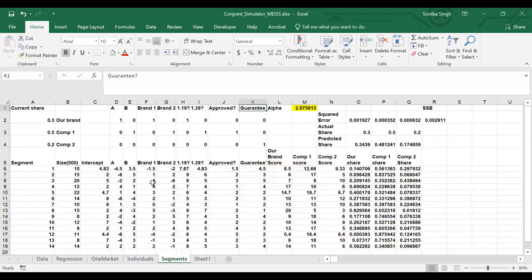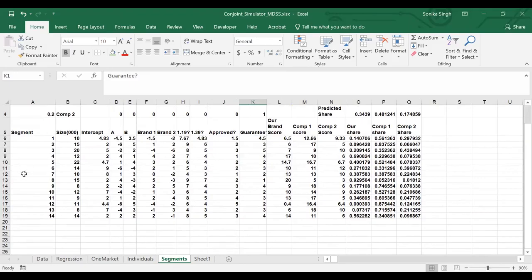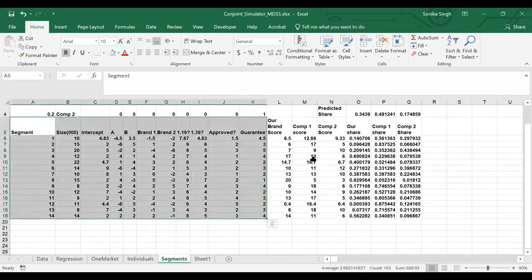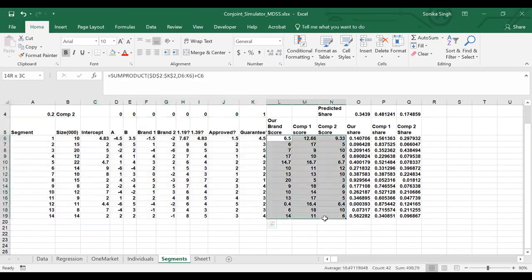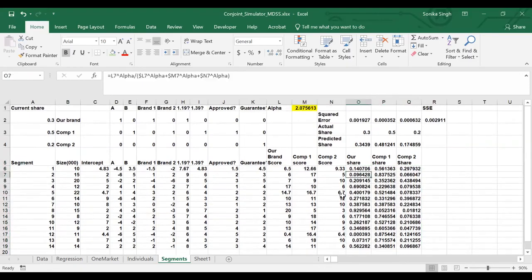Now in this particular sheet, something similar has been done, but instead of individual consumers, we think that there are 14 segments in the market. For all those 14 segments, the shares have been calculated here.